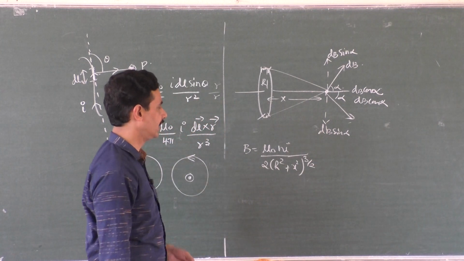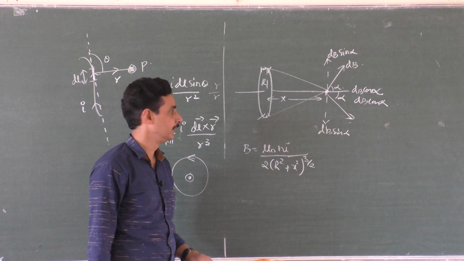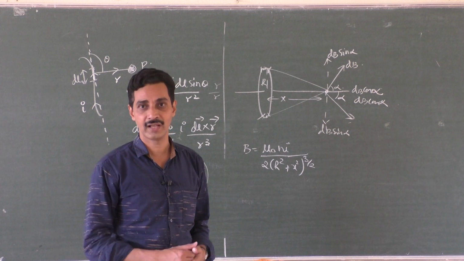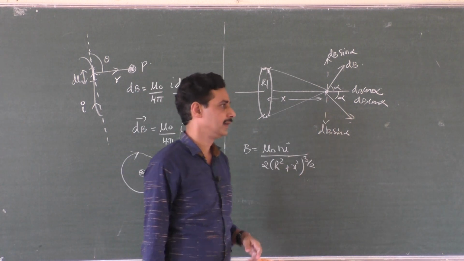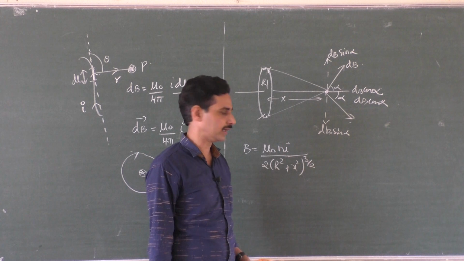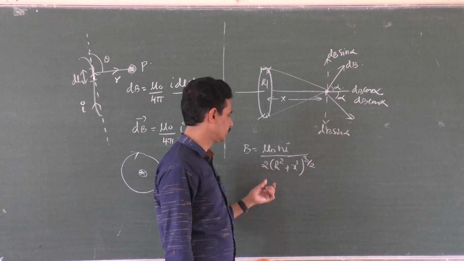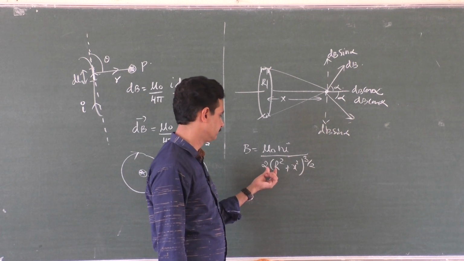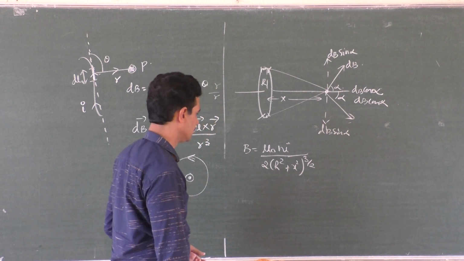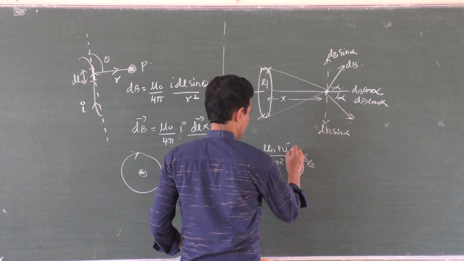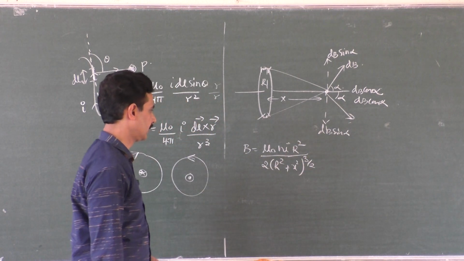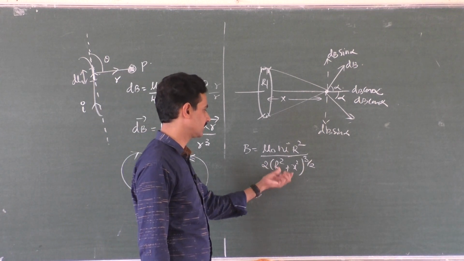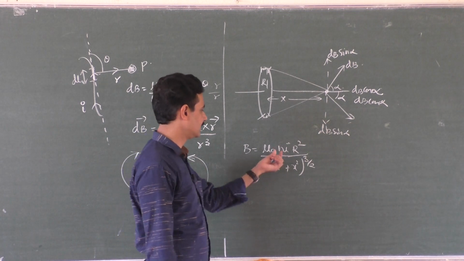So the magnetic field due to any circular coil carrying current, that is what you call a current loop, along its axis at a distance x from the center of the coil is mu naught Ni r square divided by 2 into r square plus x square to the power 3 by 2, where n is the number of turns in the coil.